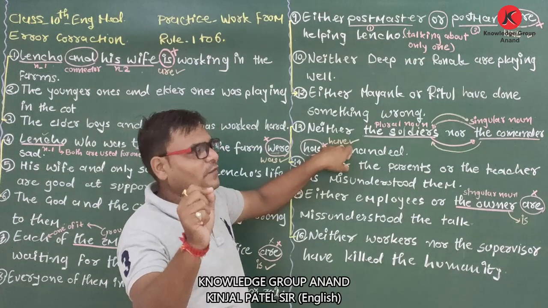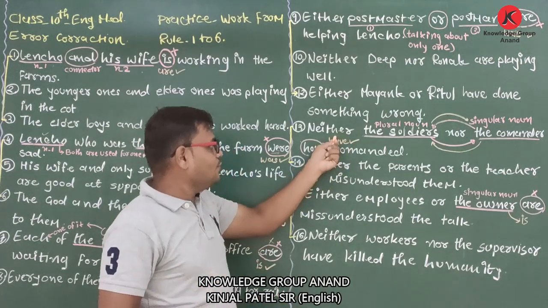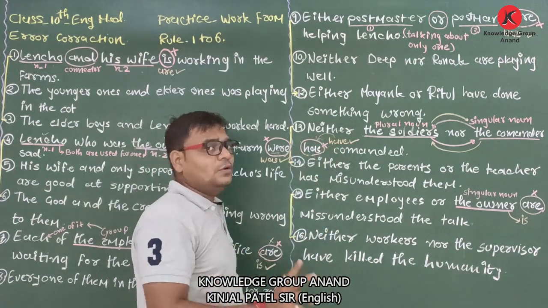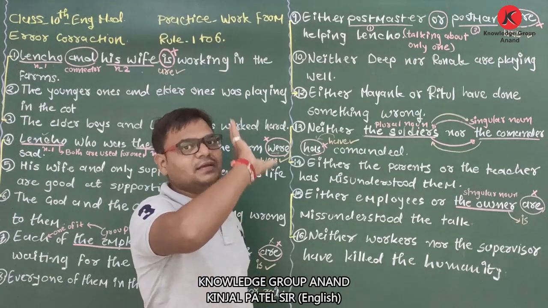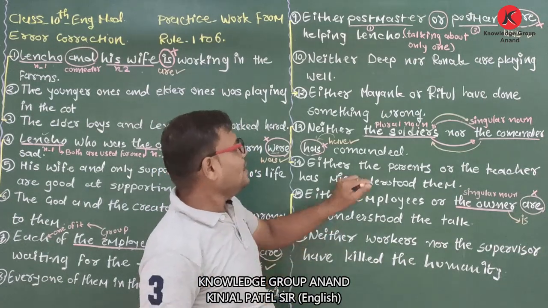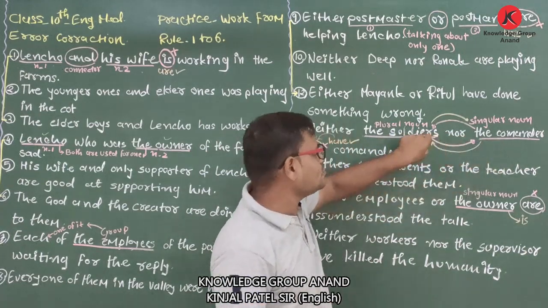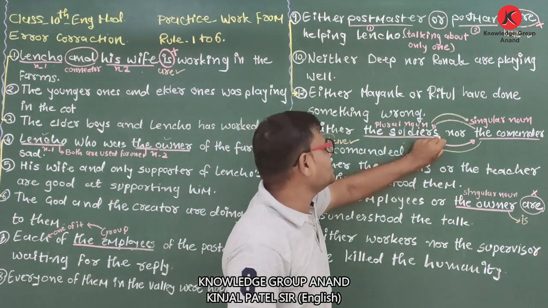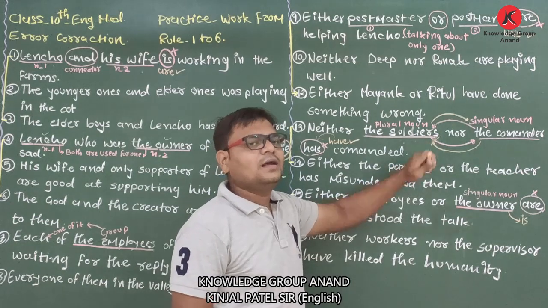Now, the second part of the same rule number 5 is that if we are putting have, the plural form of a verb, then before putting the plural form of verb, you have to give the plural noun as a subject. So find out which of the two is plural, commander or soldiers? Yes, soldiers. This is the indication from where you can identify whether it is plural or singular.